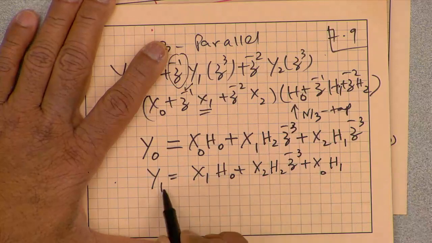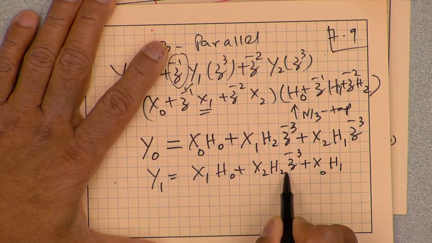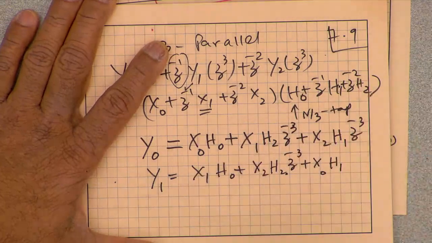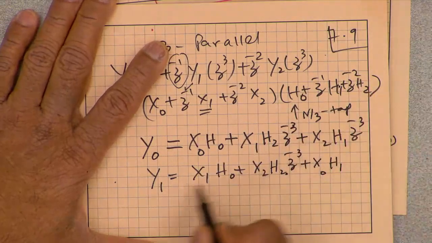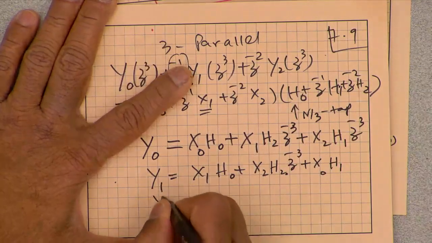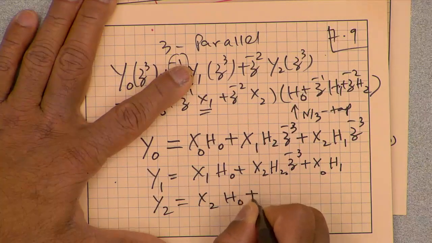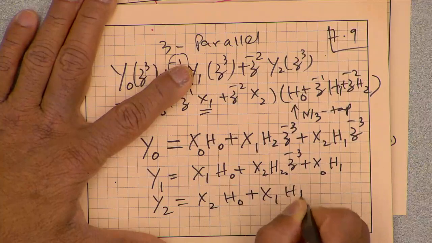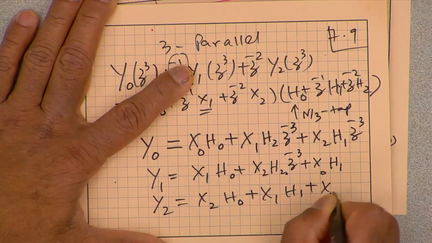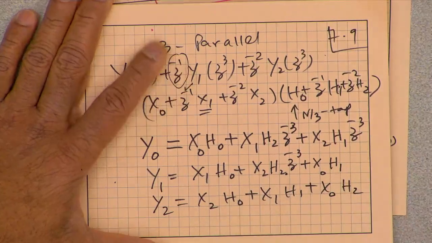That's the next output. So minus 3 lines up with 1. y2 is going to be x2 h0, 2 plus 0 is 2, x1 h1, 1 plus 1 is 2, x0 h2, 0 plus 2 is 2.